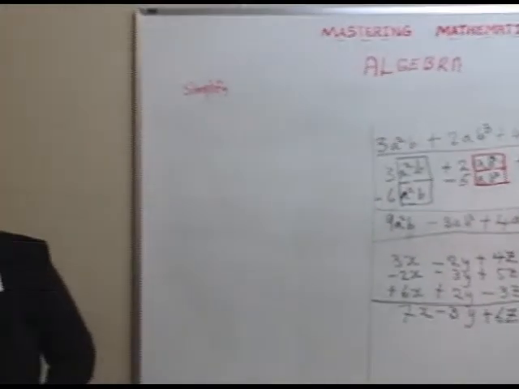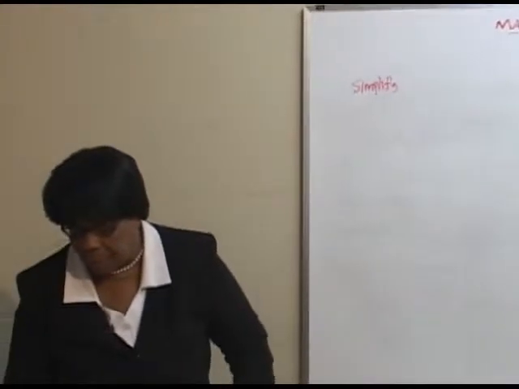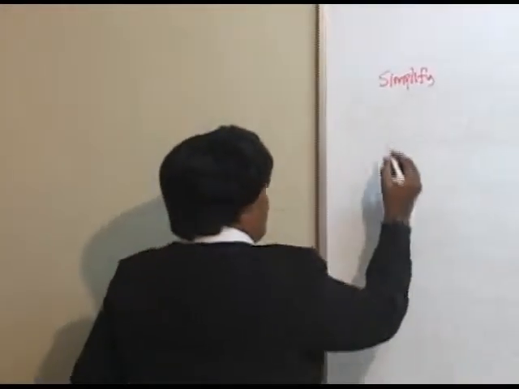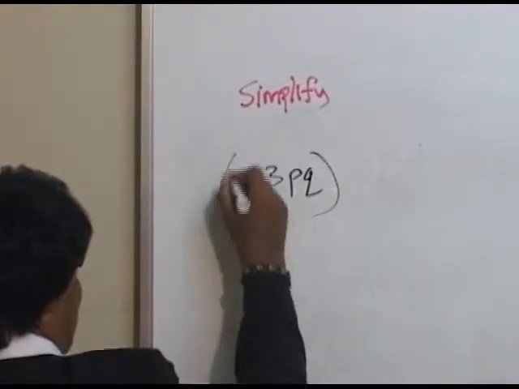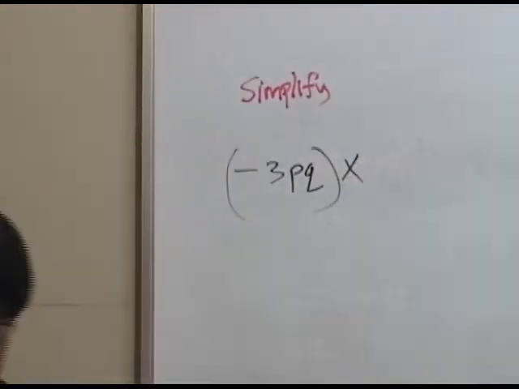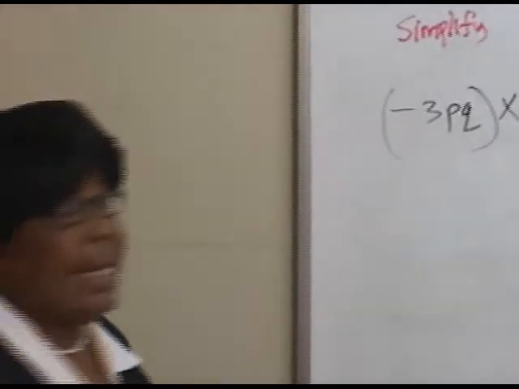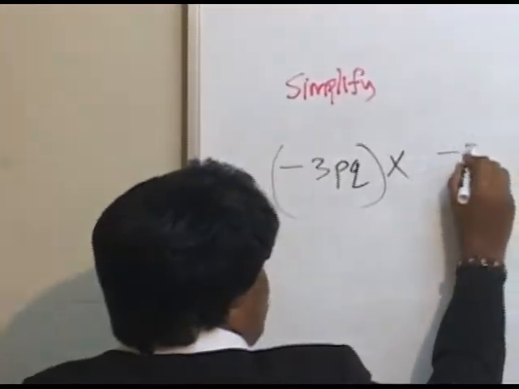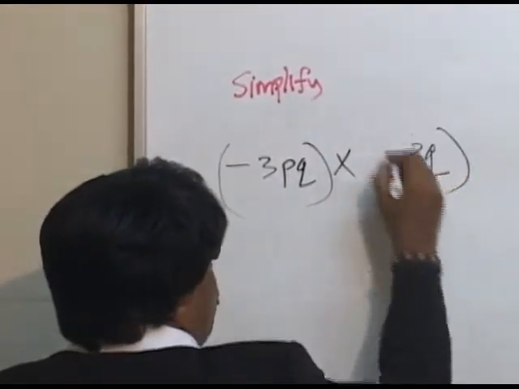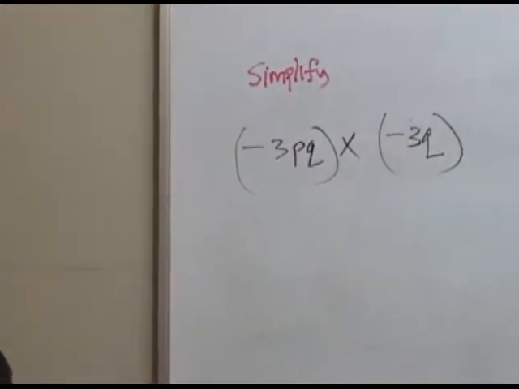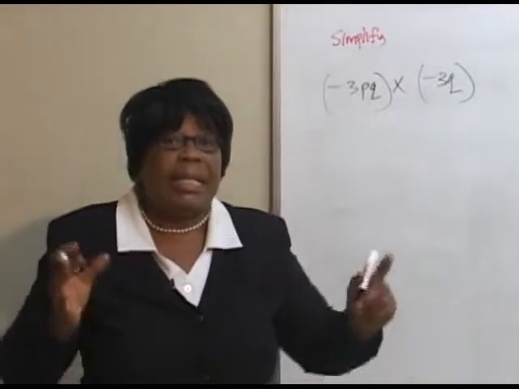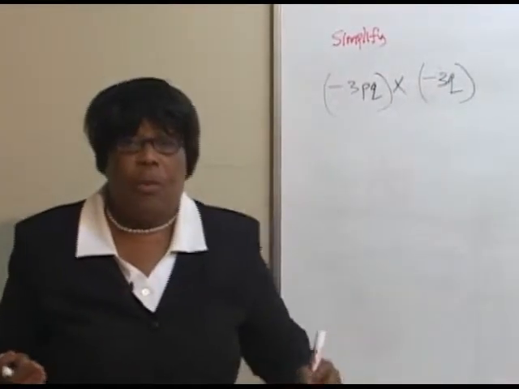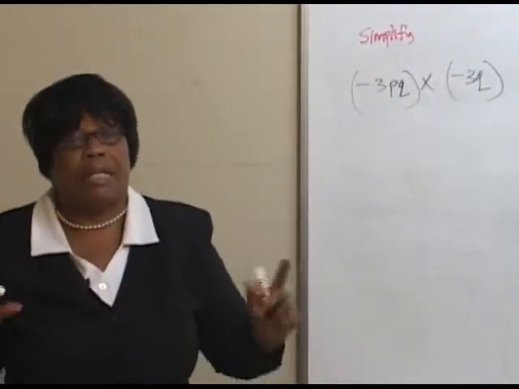We can have negative 3pq in one bracket, and it's multiplied by negative 3q in another bracket. All right? Multiplication takes us into the realms where we're dealing with signs first.